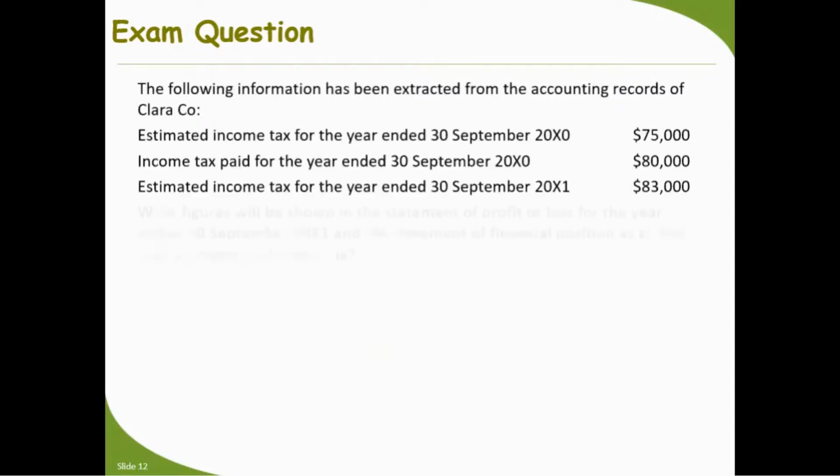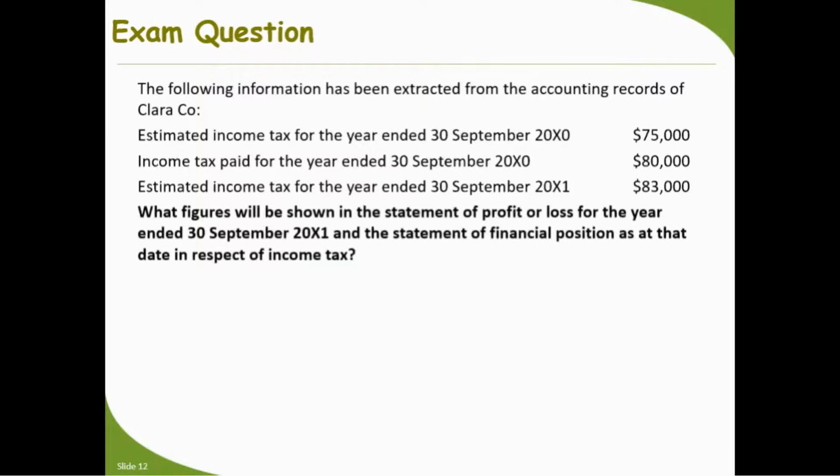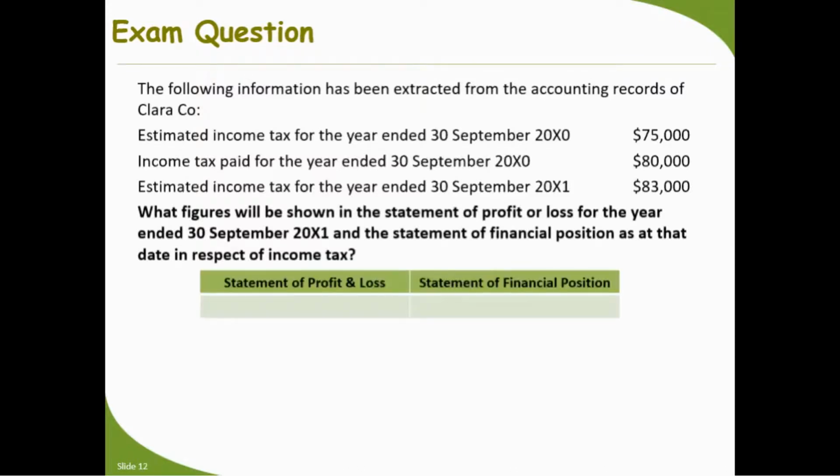Then we have another question. The following information has been extracted from the accounting records of Clara Company. Now, the estimate of income tax for 30th September 2000, and your accounting period is ending at 30th September.